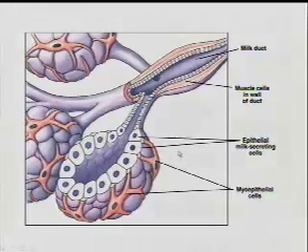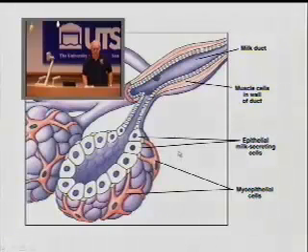So we have seen this slide one time before for oxytocin with the posterior pituitary, targeting the myoepithelial cells and the muscle cells in the wall of the ducts.